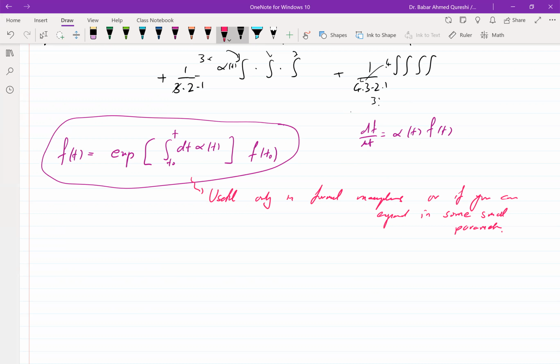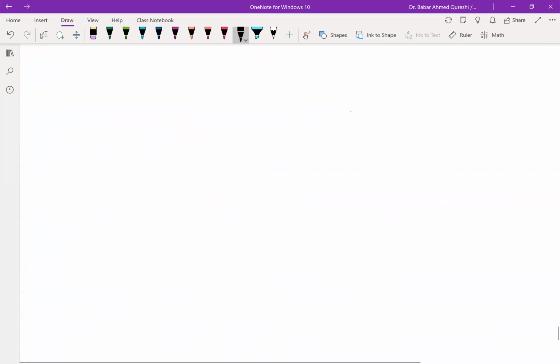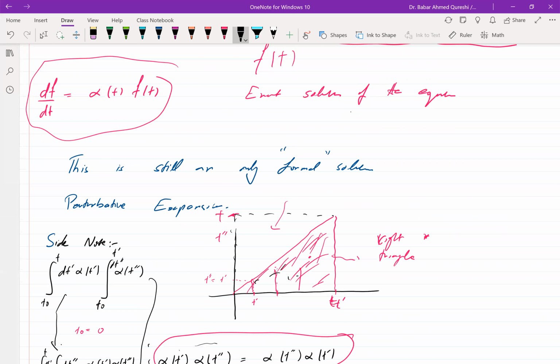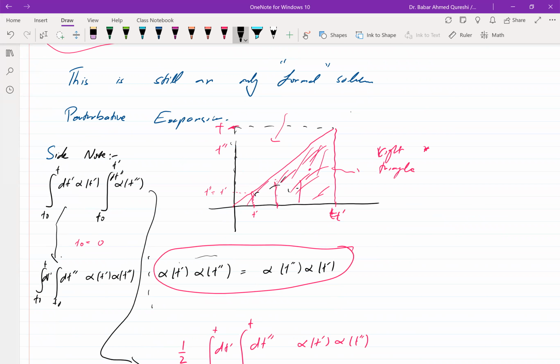Just a side remark, because if you ever take Lie algebras or even quantum mechanics, time dependent quantum mechanics, if you look over here, when I argued that alpha of t' times alpha of t'' is equal to alpha of t'' times alpha of t', this equation, this is actually not true.